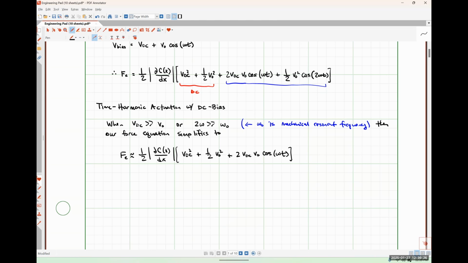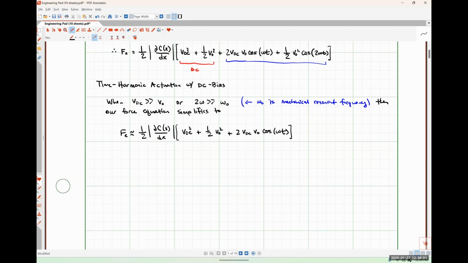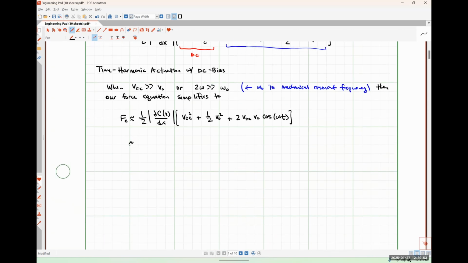That very high frequency AC term will be very small if our DC bias voltage is much larger than the magnitude of the AC portion. So we're just going to throw that bit away for right now and look at what happens. I'm going to break this up into two different portions.